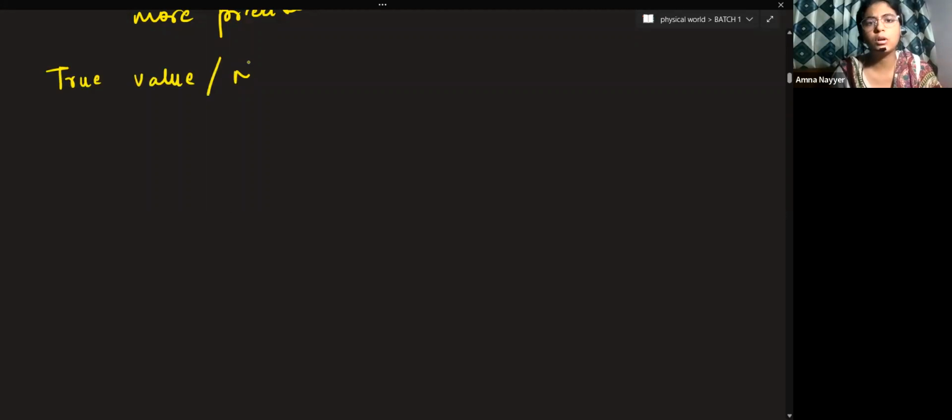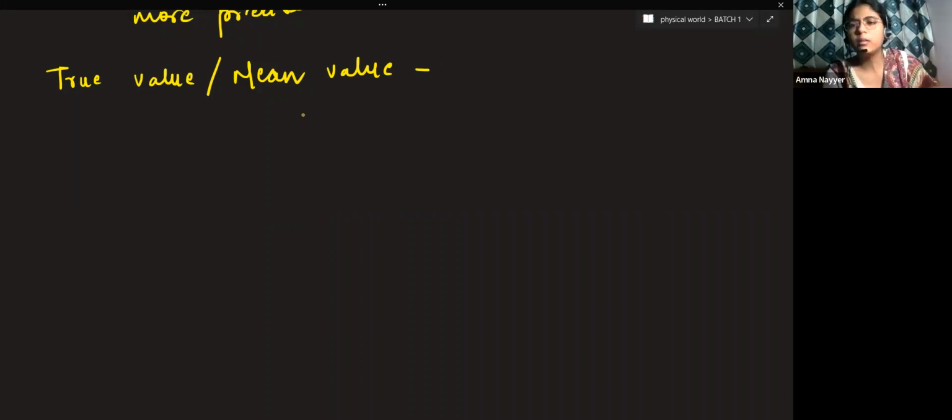Firstly, how to check the true value. True value means the measured value, or the mean value, you can say. If you perform calculations, there will be different readings coming whenever you practice another time.